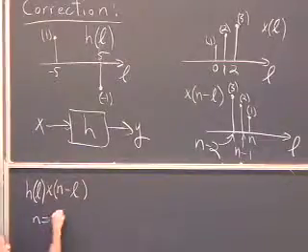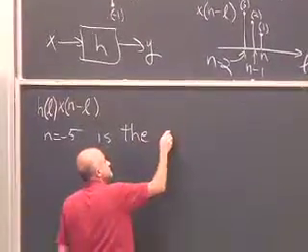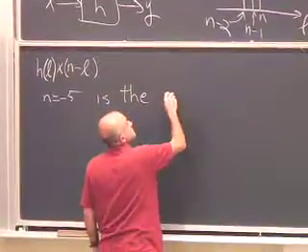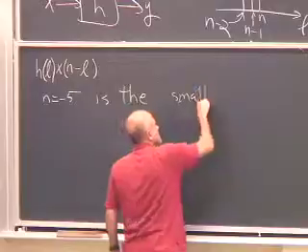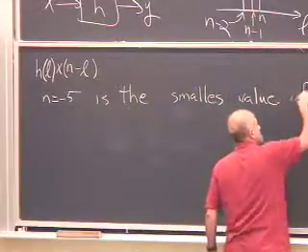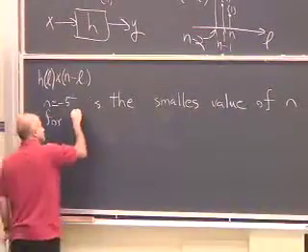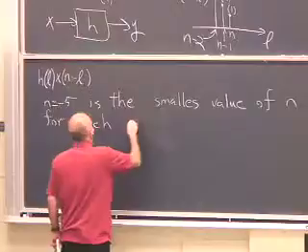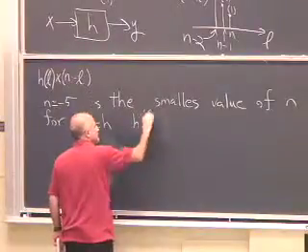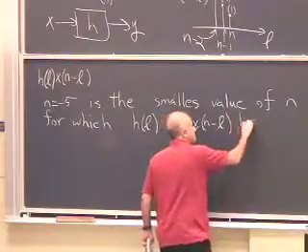N equals minus 5 is the smallest value of n for which h of L and x of n minus L have a non-zero overlap.